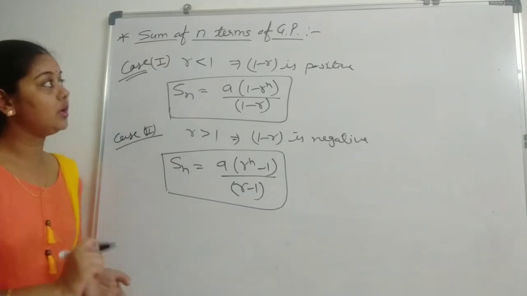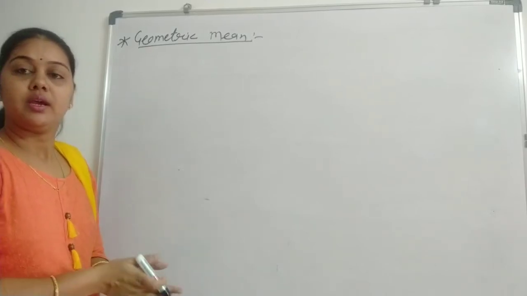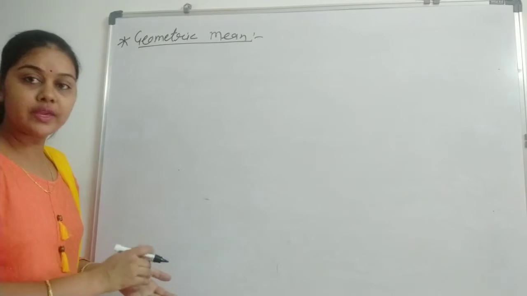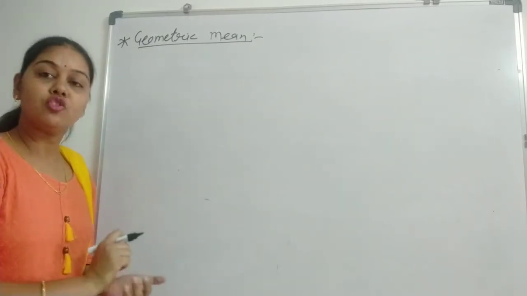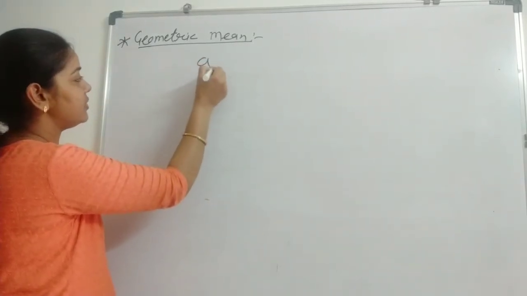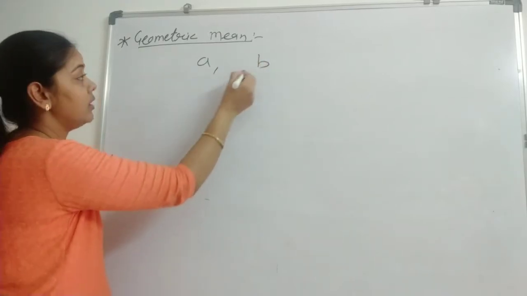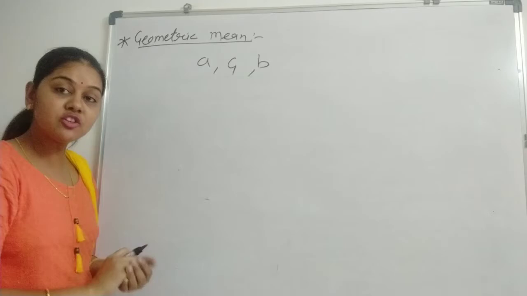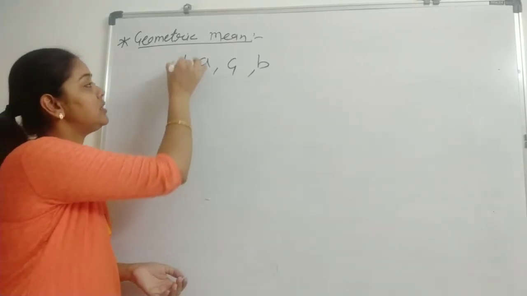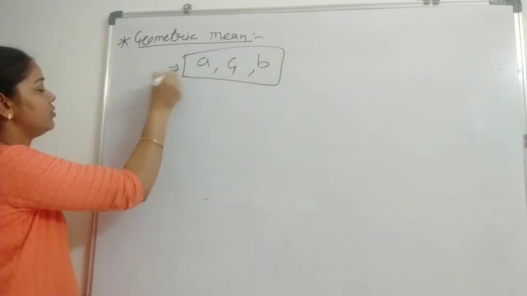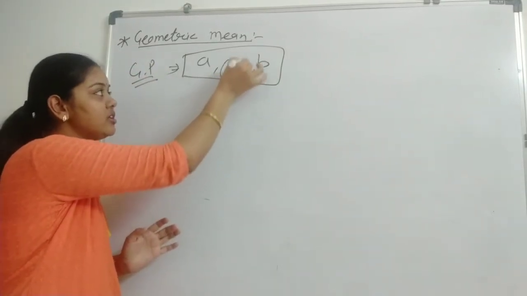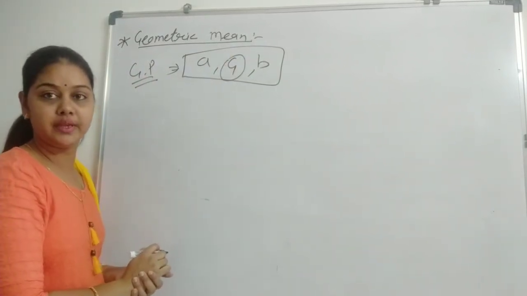Okay? Geometric mean. In a similar way as we found the arithmetic mean, we can find the geometric mean. Geometric mean means if we are given two terms a and b, and we add a term G in between them such that all these three terms become a geometric progression, then this G is called the geometric mean.